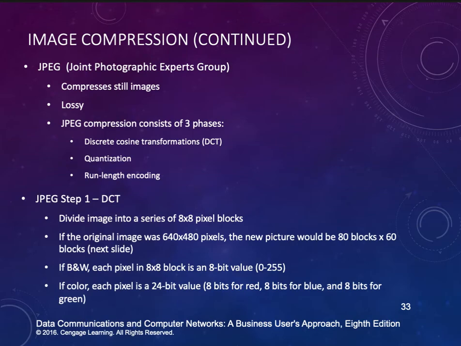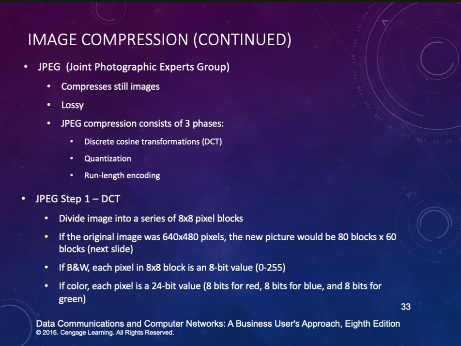If the original image is 640 by 480, here we have 80 blocks by 60 blocks. For black and white we have 8 by 8, 8 bits, 0 to 255. For color we have 24 bits, 8 bits each for red, green and blue.